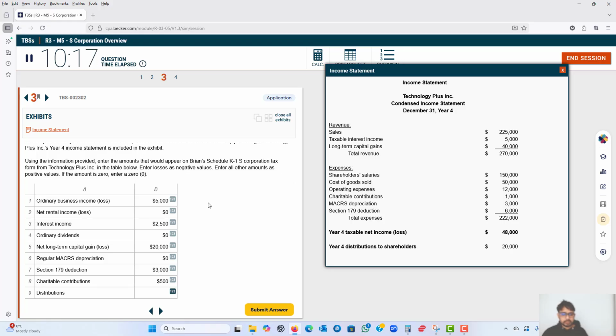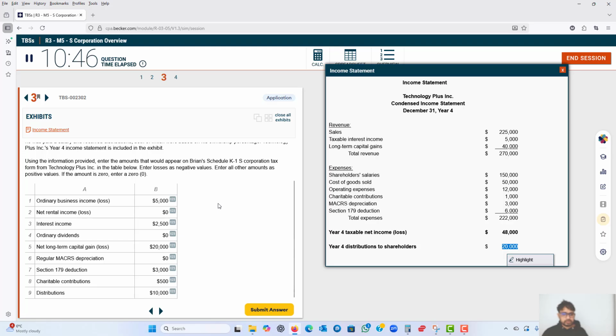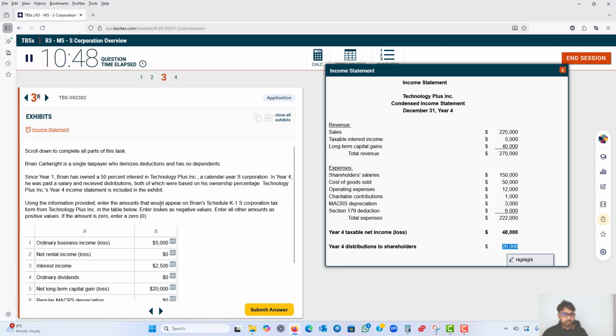Based on that, we can basically calculate the ending basis of the shareholder, so that in the next year if there is any loss, we can calculate how much loss he can deduct against his ordinary income. So 50% of 20,000 is 10,000, so it is 10,000. But yes, and all done.